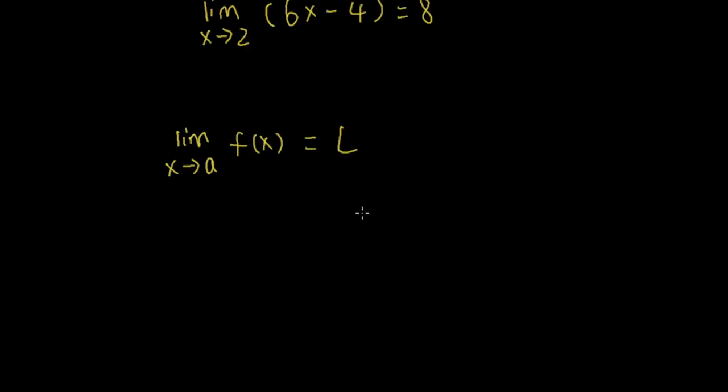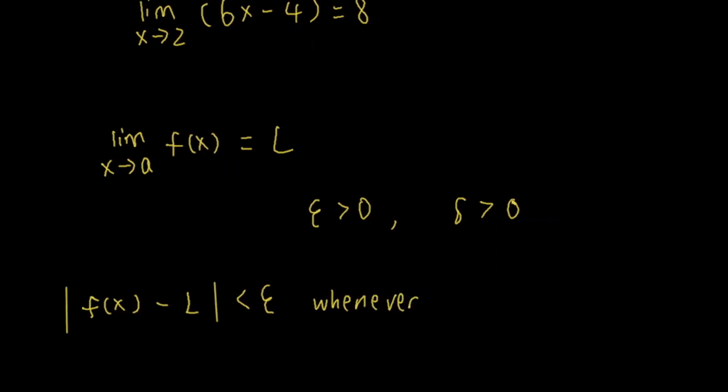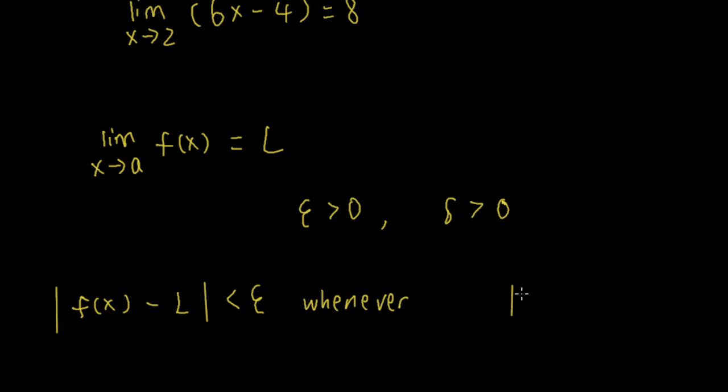For every number epsilon greater than 0, there is a number delta greater than 0, such that the absolute value of f at x minus L is less than epsilon whenever the absolute value of x minus a is less than delta. And of course, when it's an absolute value here, it's always positive, so it will be greater than 0.